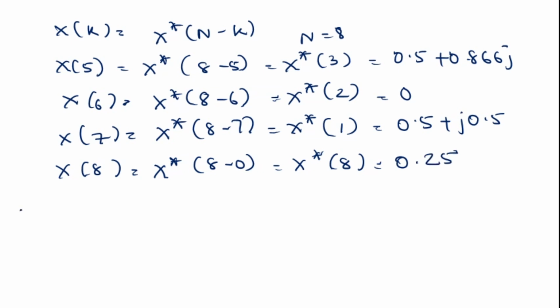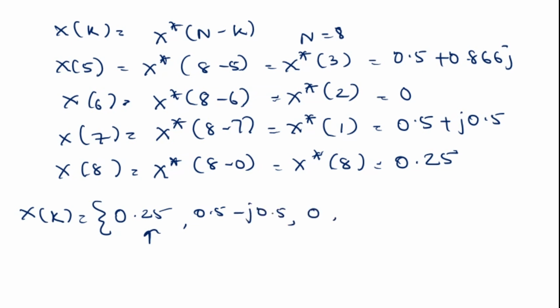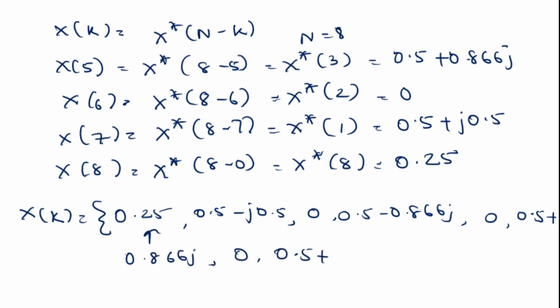So we can write x of k is equal to 0.25, 0.5 minus j 0.5, 0, 0.5 minus 0.866j, 0, 0.5 plus 0.866j, 0, 0.5 plus 0.5j.